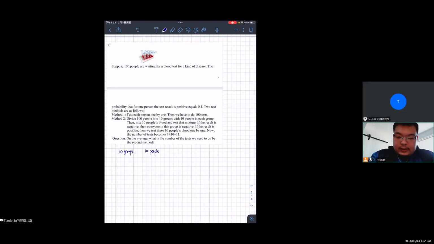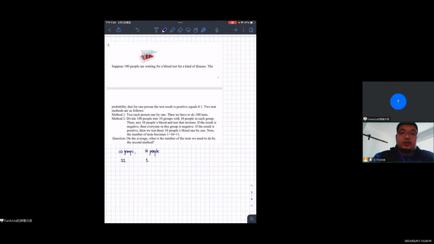It mixes the blood of the 10 people into one test to see whether it is negative or positive. If the test is positive, we will test one by one. If the test is negative, it means that the people in that group are all negative. So the most tests we need in one group is 11, and the least is 1.